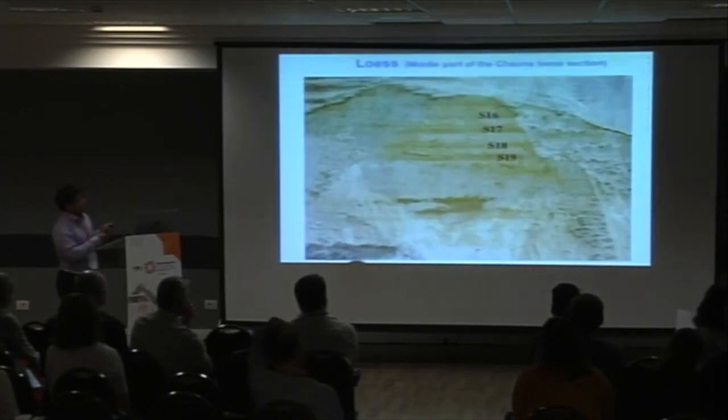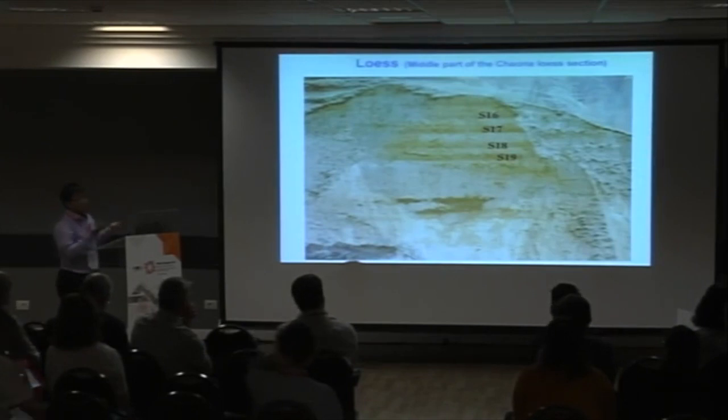This is a zoom-in picture of the middle part of the Quaternary loess. The light layer and dark layer correspond to loess and paleosol, respectively. If you plot the magnetic susceptibility along this section, you will see high susceptibility during the paleosol interval and low susceptibility for the loess layer.